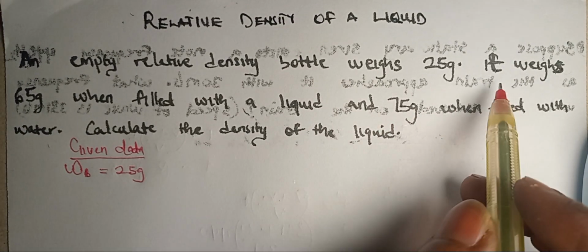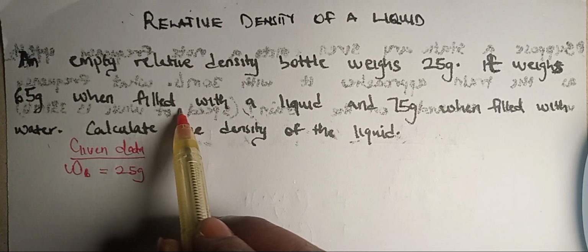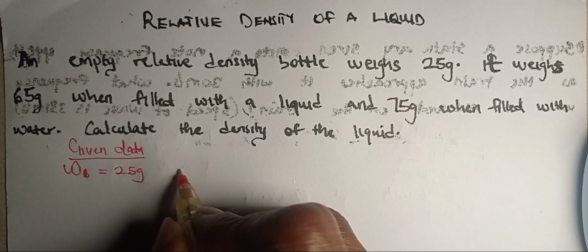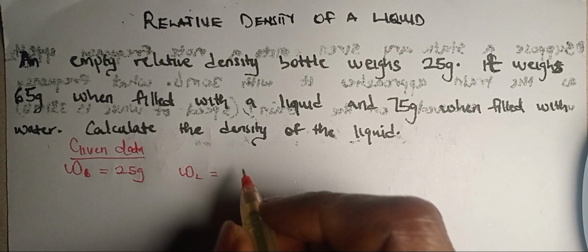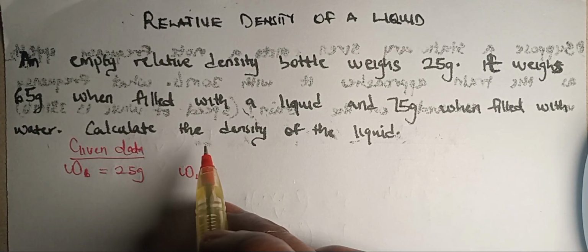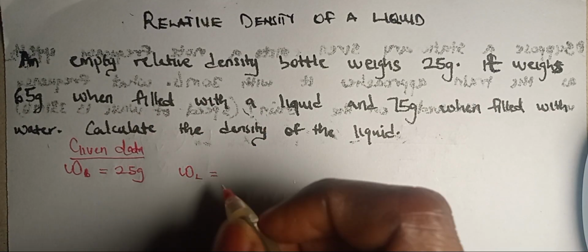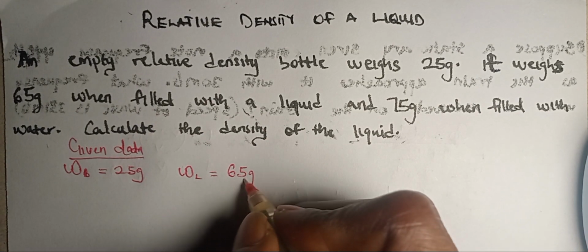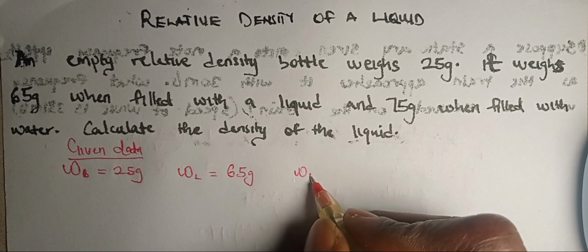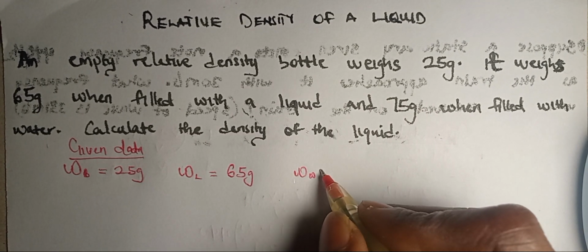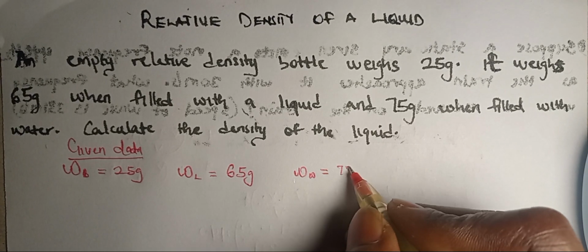When filled with a liquid, let's say L, it weighs 65 gram, and 75 gram when filled with water, W. So we are going to have 75 grams.